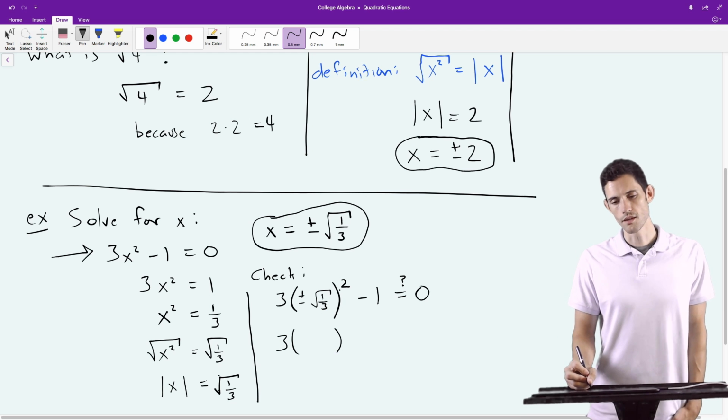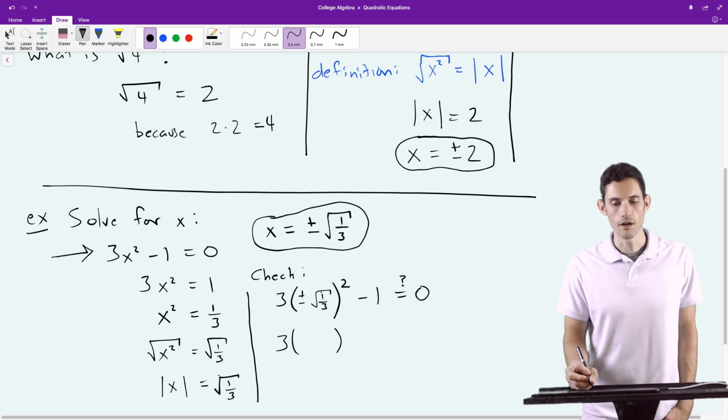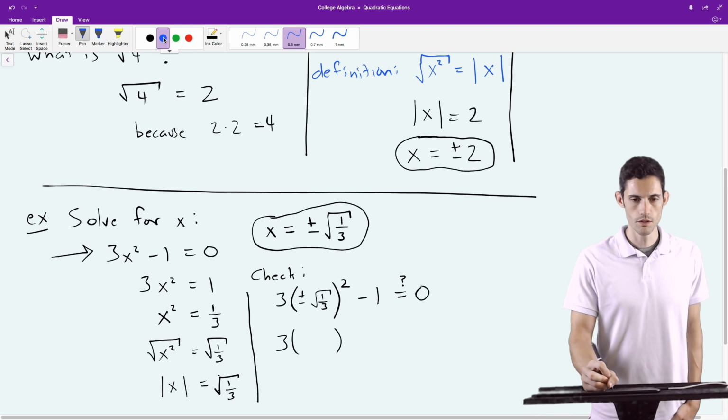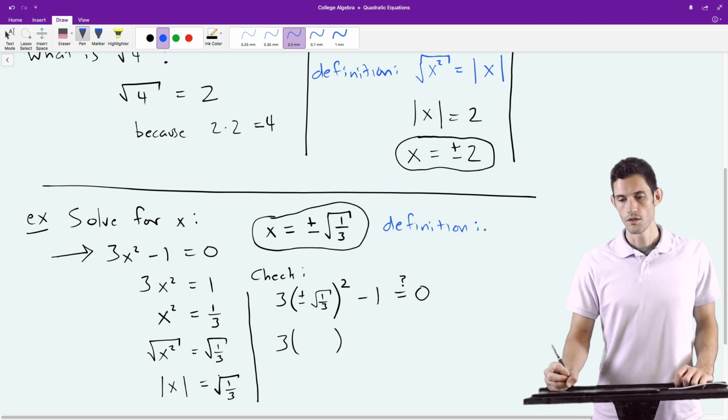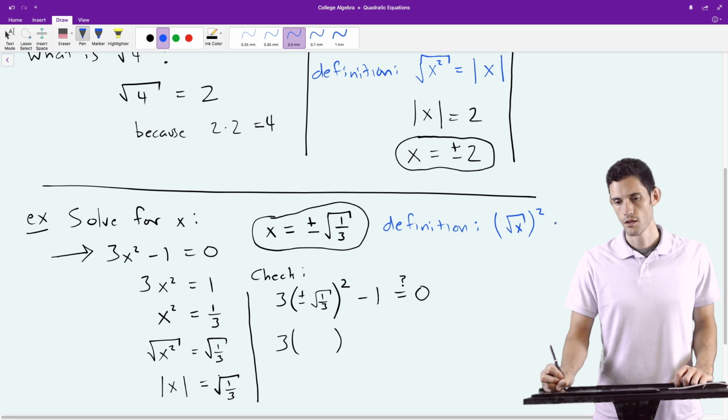So now we're looking at the square of a square root. And so here's the definition that we need to use. This one is easier than the other one. The definition: if you have a square root of a number and you square it, you just get that number.